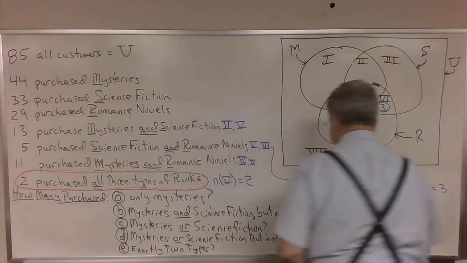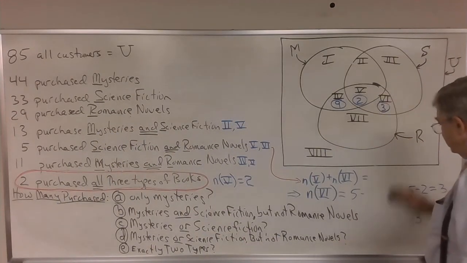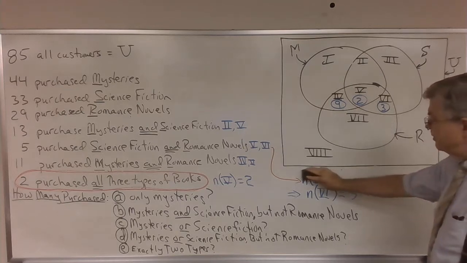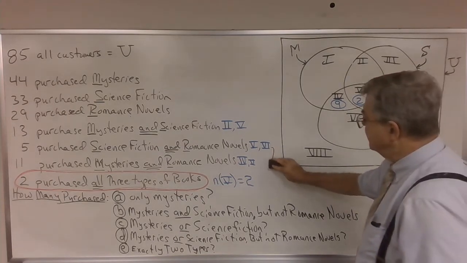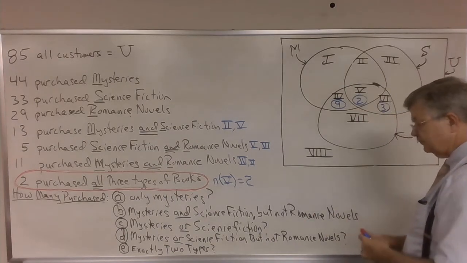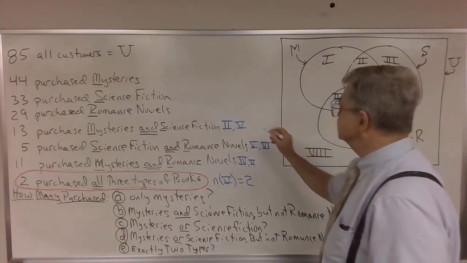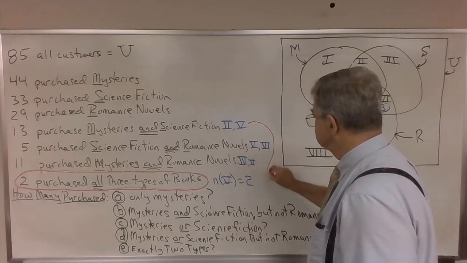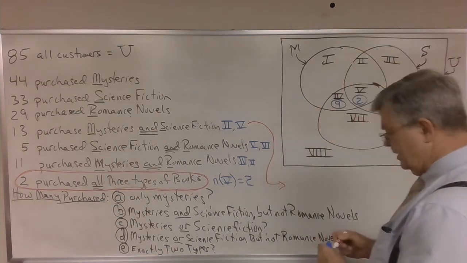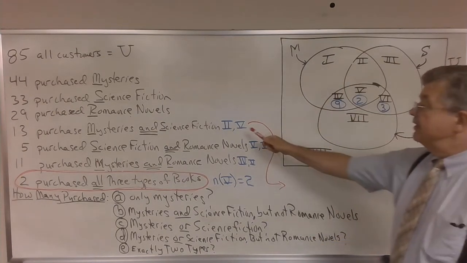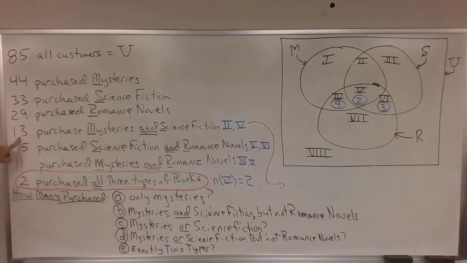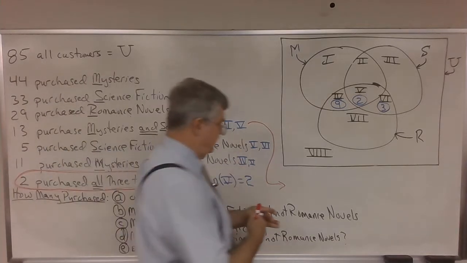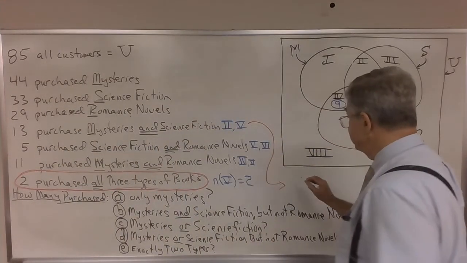And I'll erase my notes from what we did just a minute ago. This tells us 13 people are in region 2 and region 5. So let's write that down.